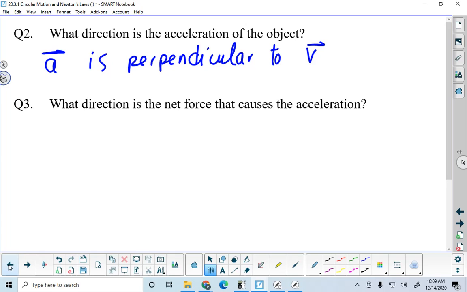What is the direction of the net force that causes that? It's the same. It's perpendicular to the velocity. Okay, so what does that mean? What does it mean to say that it's perpendicular to the velocity? Well, we'll get to the specifics of what the actual direction is in a second.